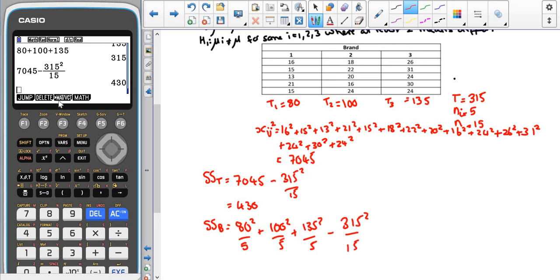So putting that into our calculator gives us 310.